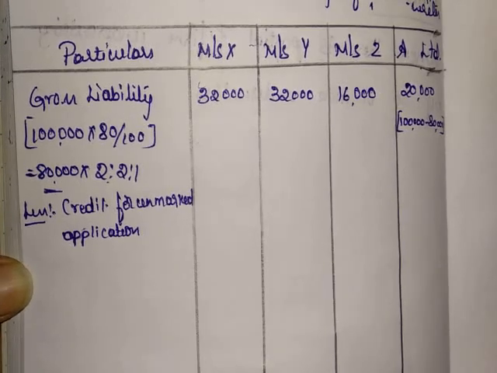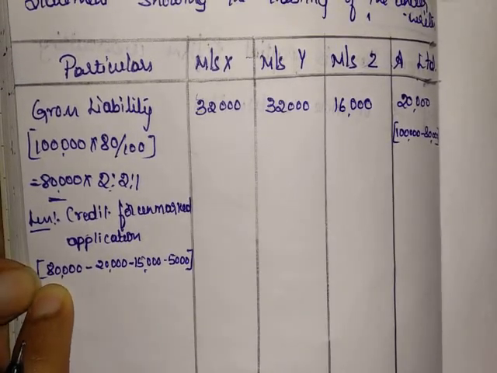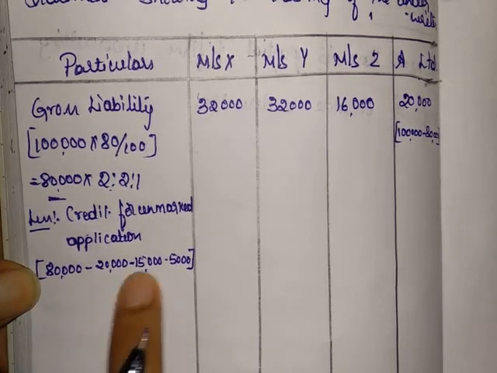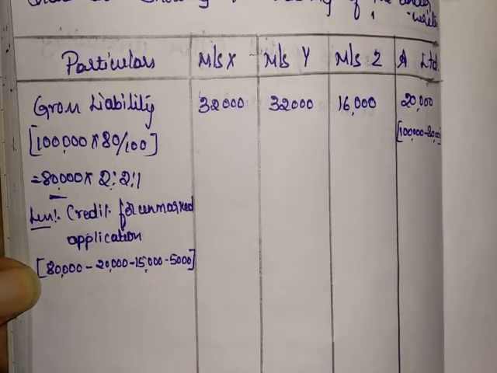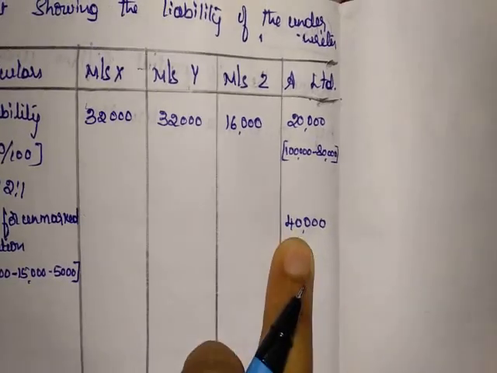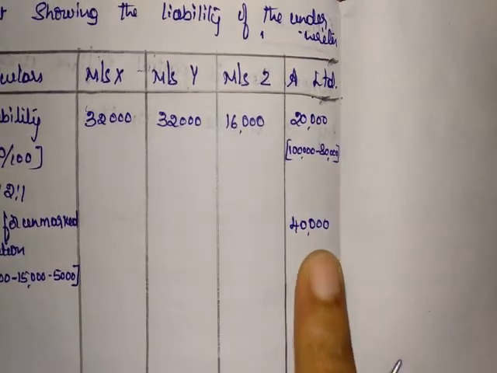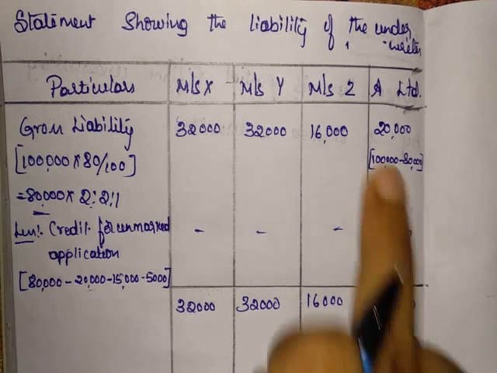Less credit for unmarked application, that is total applications received from the public minus marked applications. Total applications 80,000 and marked applications of the 3 underwriters 20,000, 15,000 and 5,000. So unmarked application is 40,000, and the benefit is given only to the company because part of the issue is underwritten. So here we will be getting a surplus in the company's account.